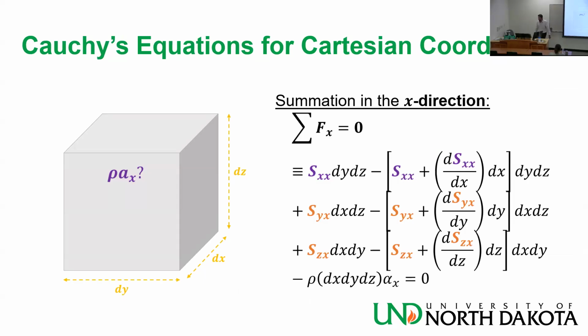So here you have the REV. It has dimensions dx, dy, dz. And we are looking only in the x direction. So the only normal stress exerted on it is sigma xx, okay?